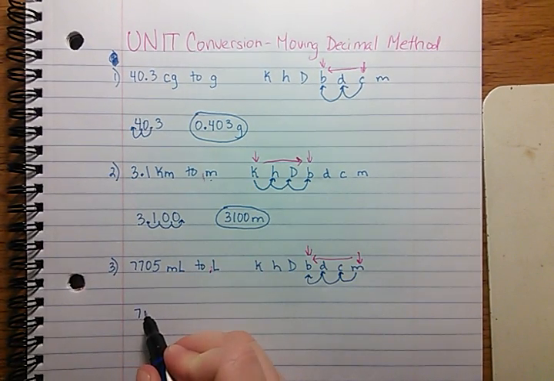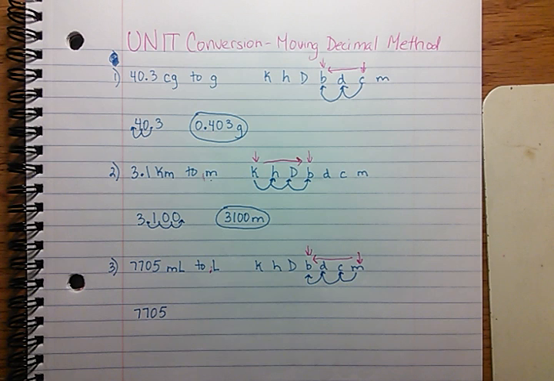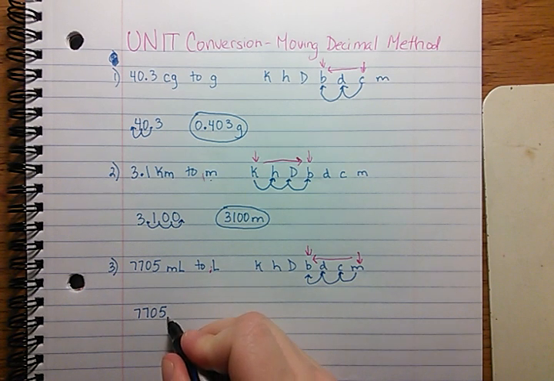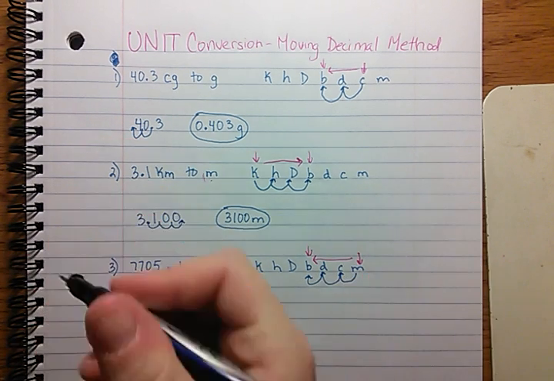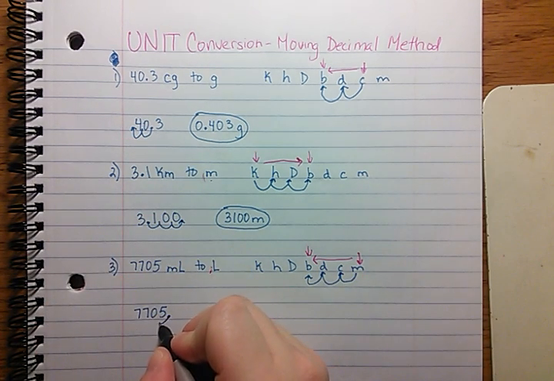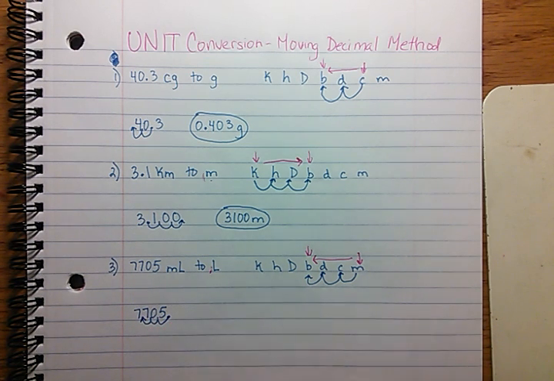Let's rewrite our number. Now you should know that when you don't see the decimal in a problem, it's always at the end of the number. So the decimal starts there, and we want to go 3 places that way. So we go over 1, 2, 3. Decimal ends up where I drew that arrow.